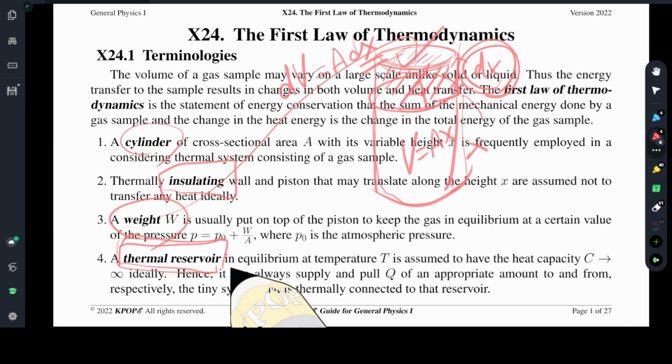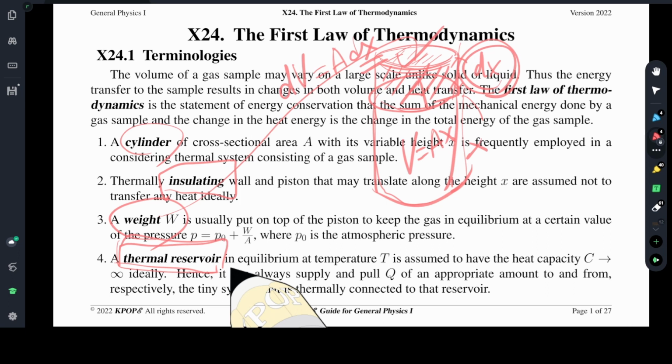So when we want to make a thermal equilibrium of our sample that is relatively small, it is usually good to attach that sample in thermal equilibrium with the thermal reservoir, keeping the temperature the same, and let it vary its own volume very, very slowly, in order to keep the equilibrium always.